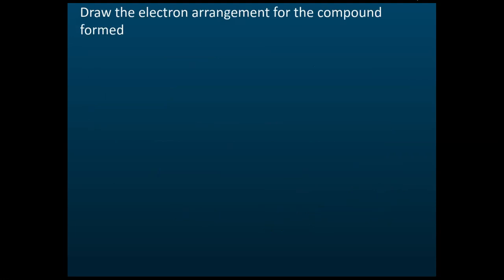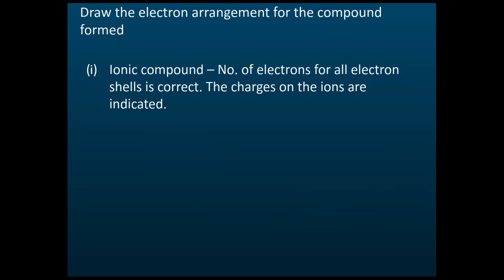Draw the electron arrangements for the compound formed. Okay, this is something that I would like to clarify with you. For ionic compounds, first of all, the number of electrons for all electron shells is correct, and the charges on the ions are indicated. So it means you need to tell the charge. If you want to draw the electron arrangements, you need to draw the charge, okay?